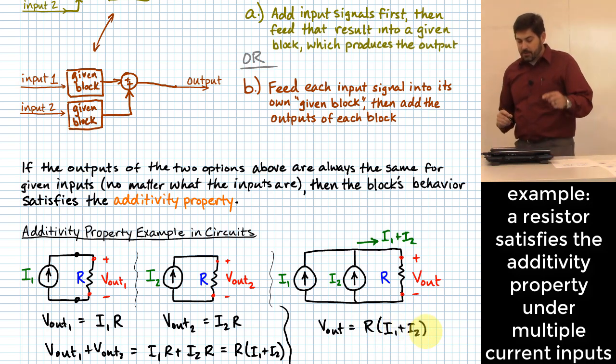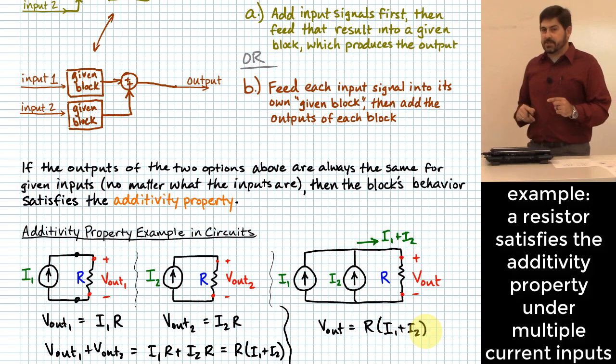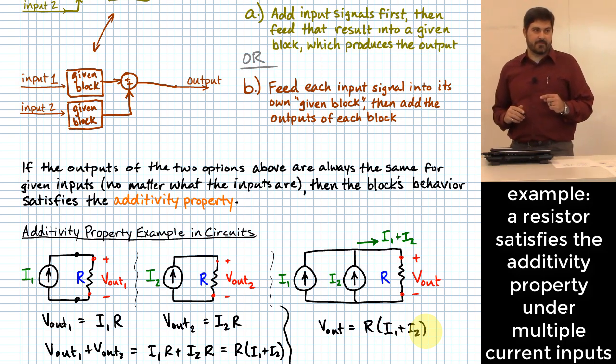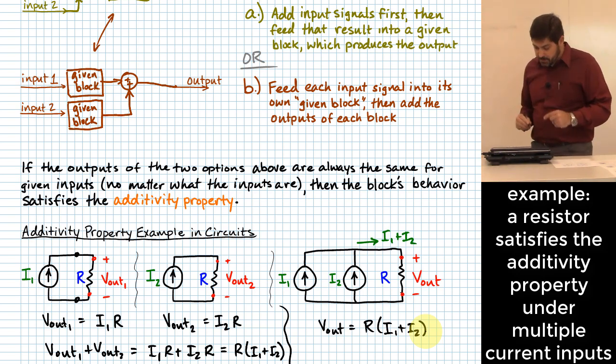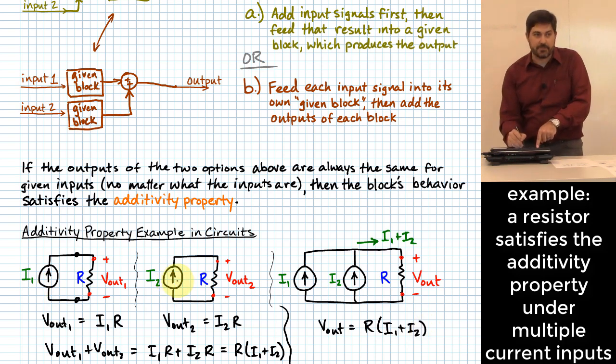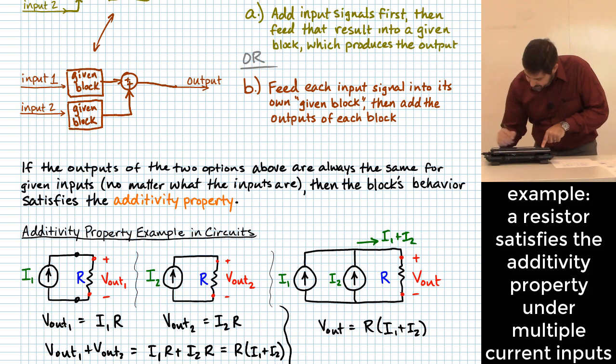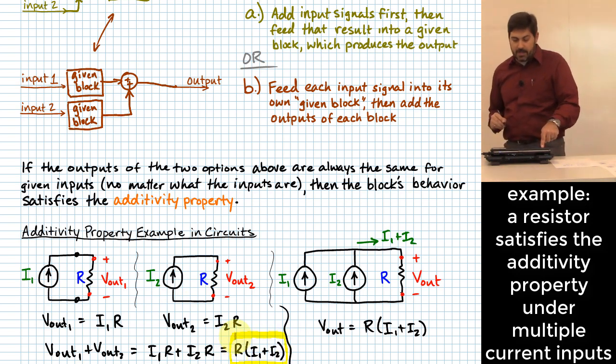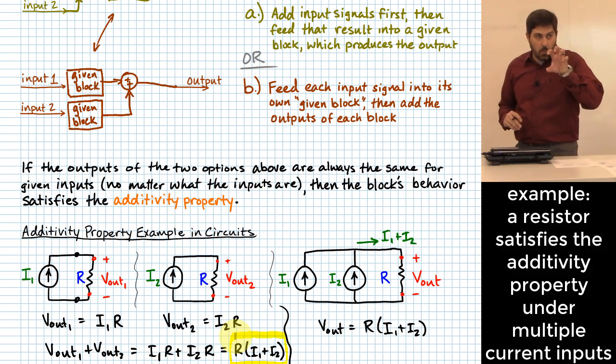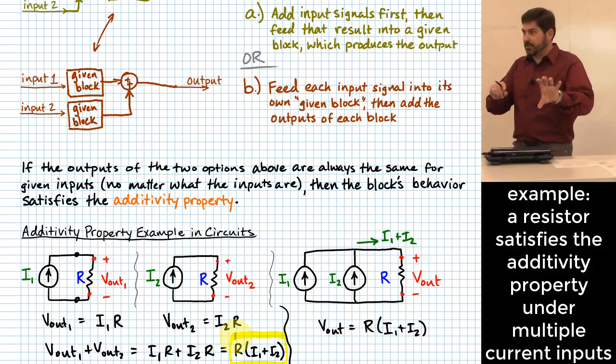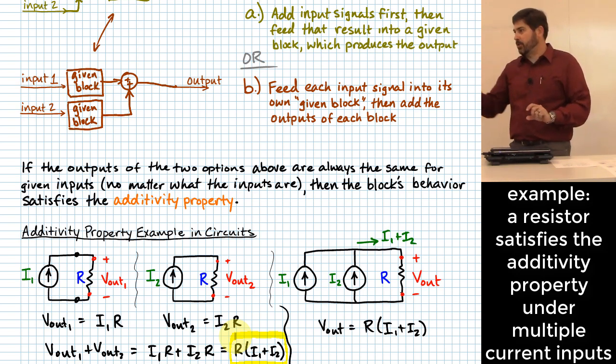Does it look like the resistor satisfies the additivity property? It does, because I applied the two currents individually and came up with this result for the voltage: take one input and put it across the resistor, then add that result to the other current put across the resistor.